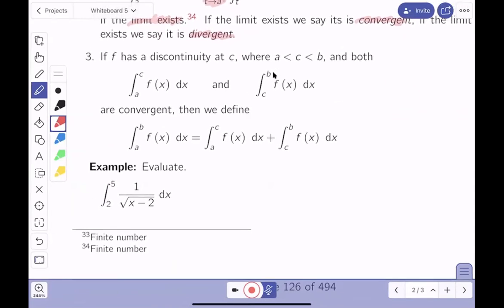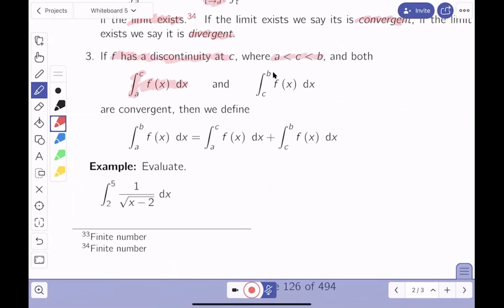All right. So if f now has a discontinuity at C, again, we'll go through examples. What we need to do is, and certainly C is between A and B. And again, I got this over here, and there's a discontinuity at a number in between A and B. All right.